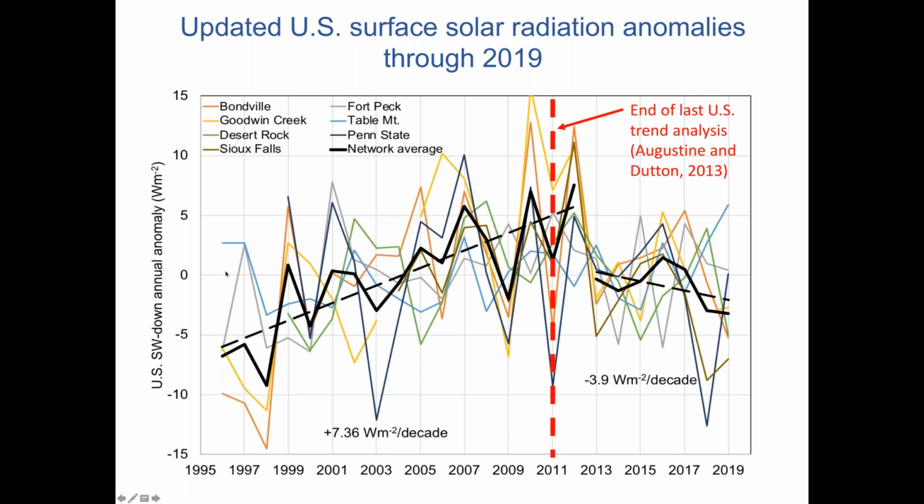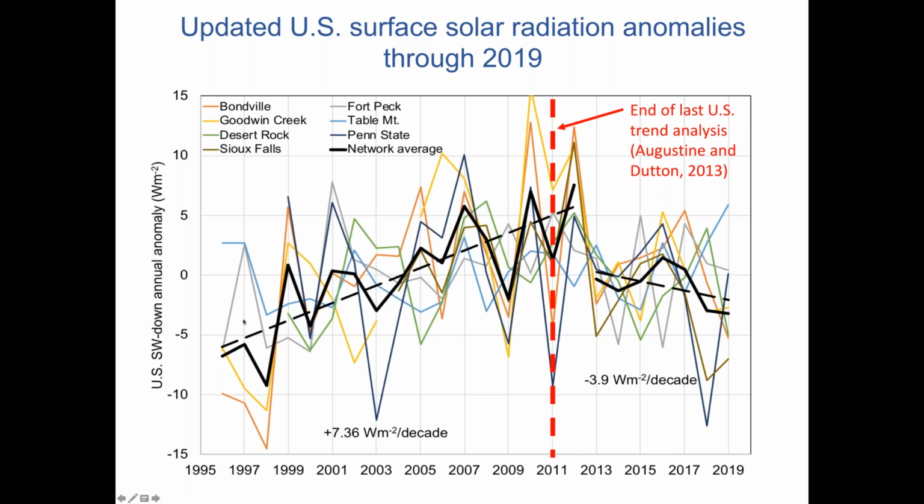What I'm plotting here are network average annual anomalies, and that's the dark curve here. That's a network average. And to show the variability in that average, I plotted the individual stations' time series in the colored lines. And you can see that from the start of the network to 2012, there was continual brightening.